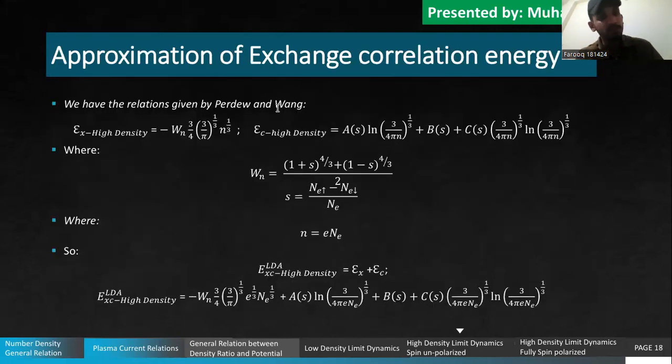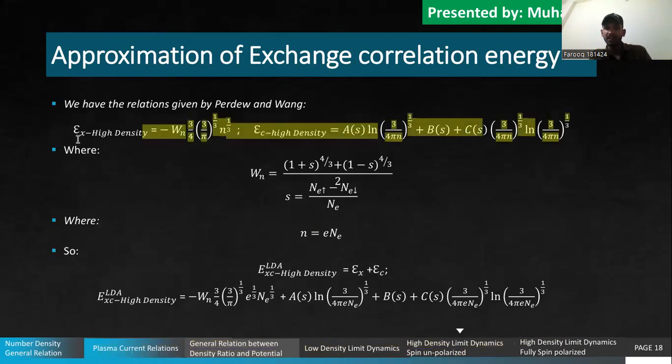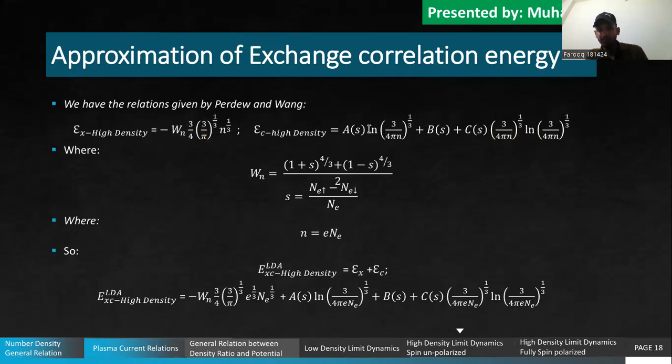So now the approximation of exchange correlation energy for the high density limit dynamics, spin unpolarized. Again from the Perdew and Wang article, we have chosen these two, the exchange functional and the correlation functional. Here we got a different formula for the high density limit dynamics.